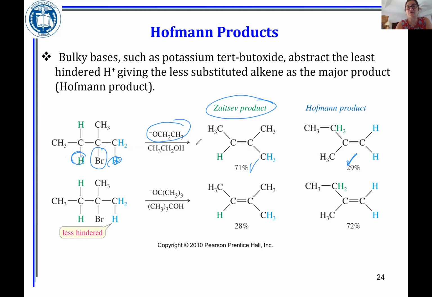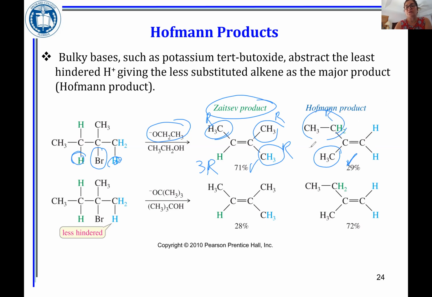What's the difference between the two? This one is more substituted. We have one R group here, a second R group, and a third R group here. So this molecule basically is a 3R alkene, based on my definition, which is probably not very scientific. When you look at the other possible structure, you get 1R and 2R, okay?